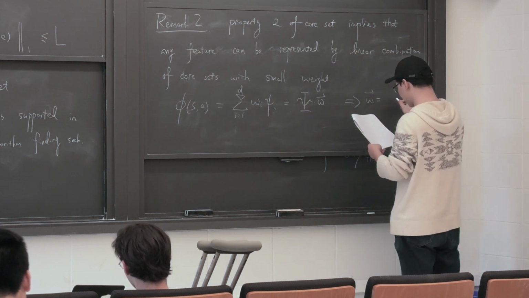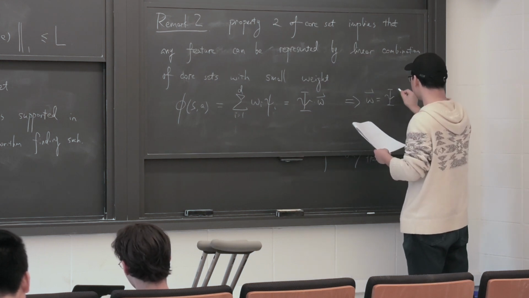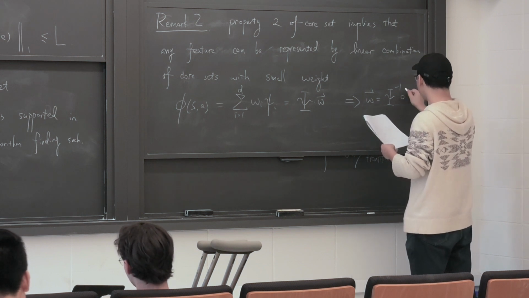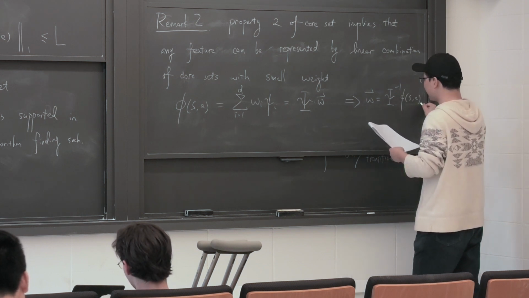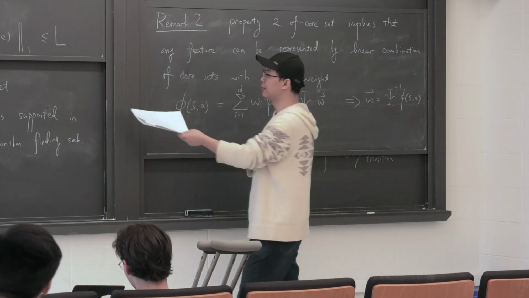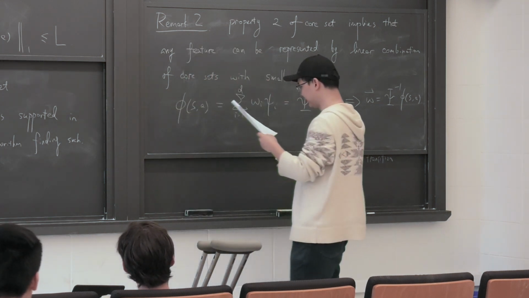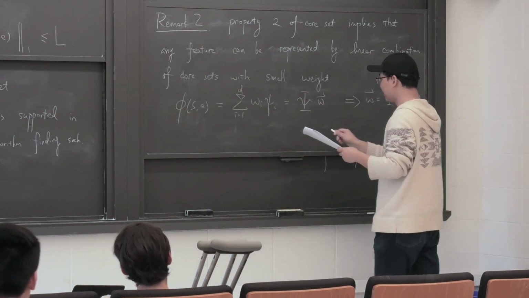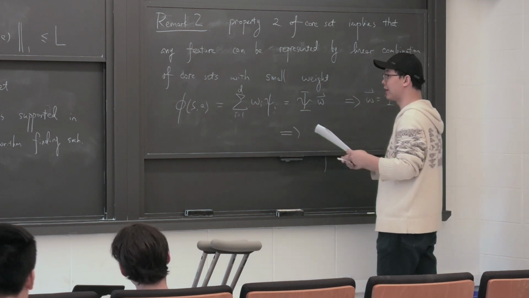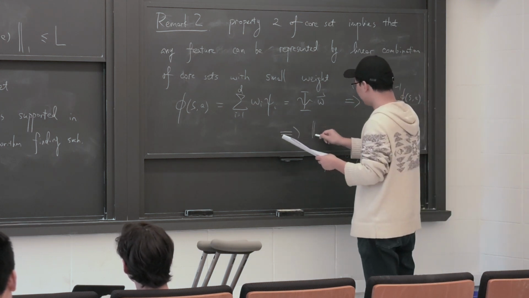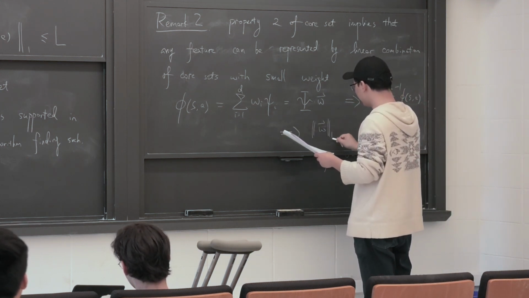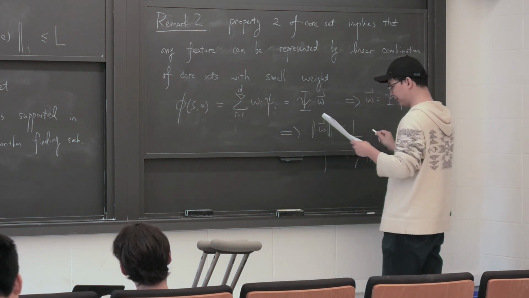The w vector becomes psi inverse times phi(s,a), which is precisely what we have here. So property 2 of the core set directly implies the one norm of w is upper bounded by L.